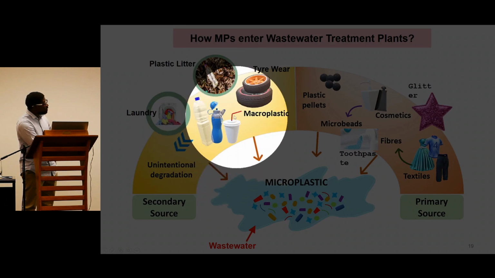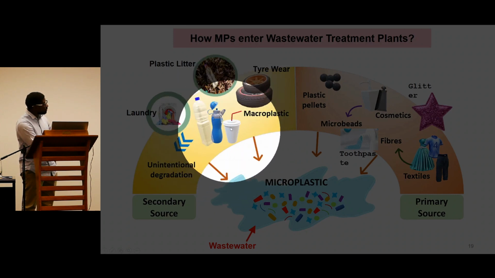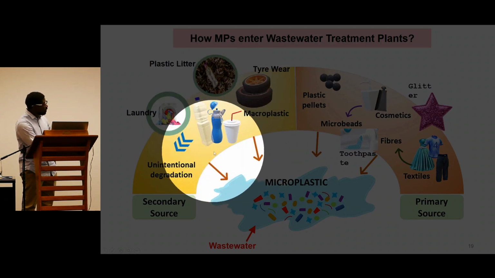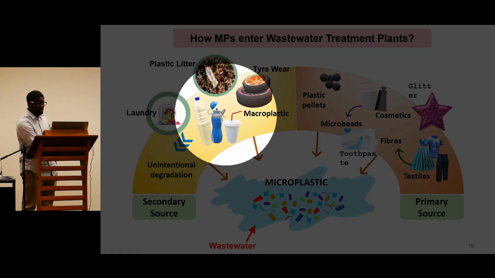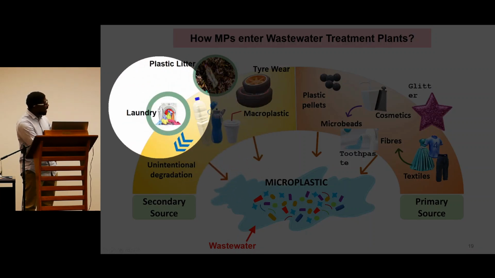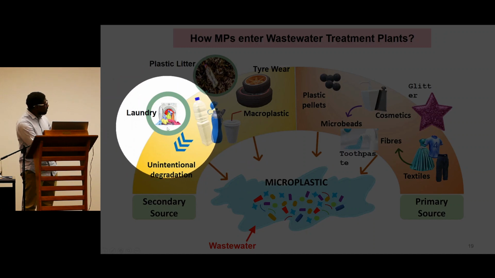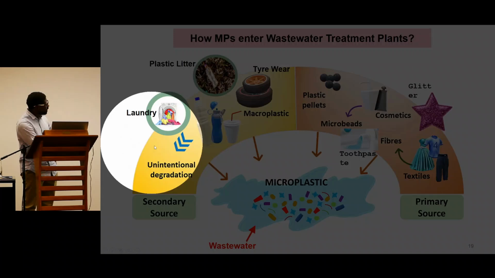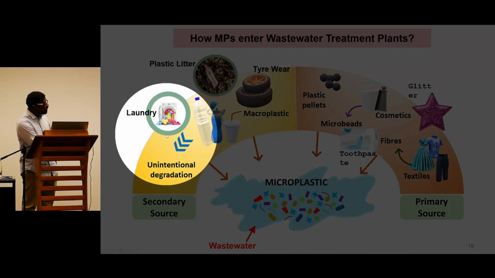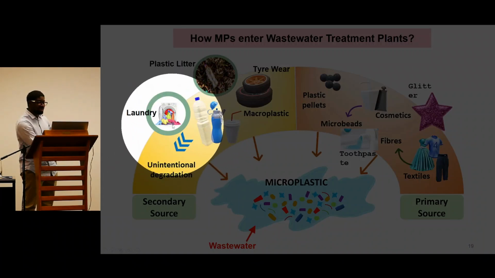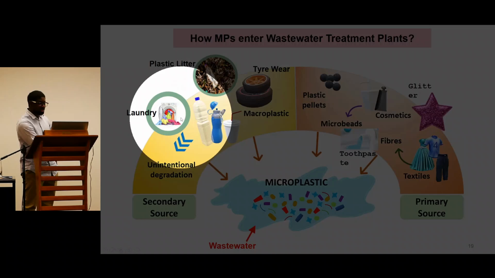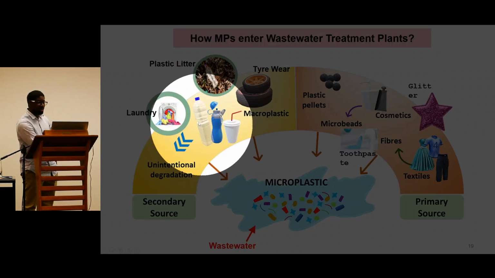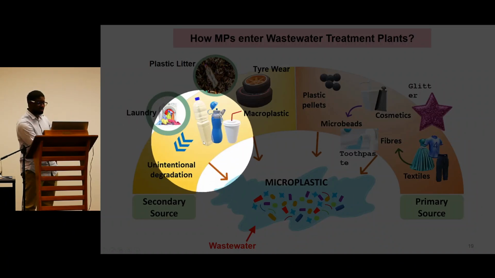And during the use of plastic bottles and food packages, they also break apart. And from our clothing, during laundry, researchers actually indicated that if you wash just 1 kilogram of clothing, just once, you generate about 700,000 microplastic fibers.